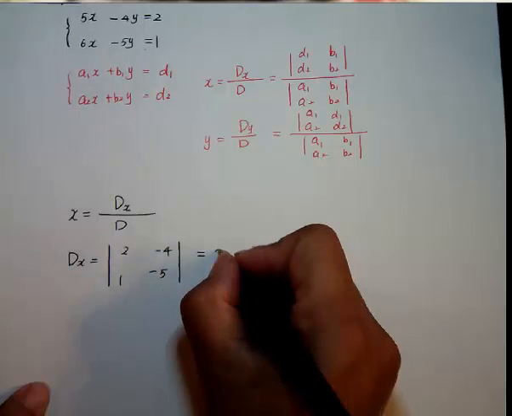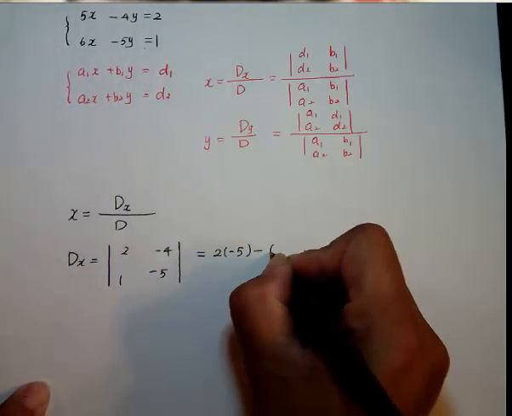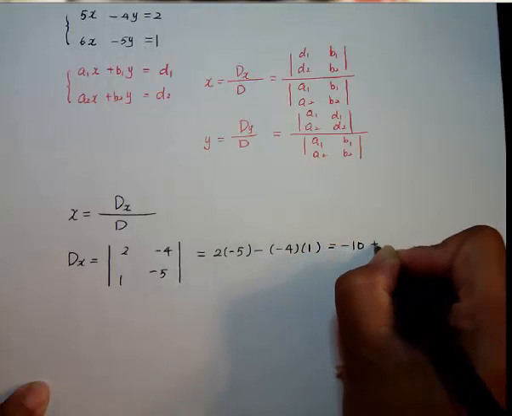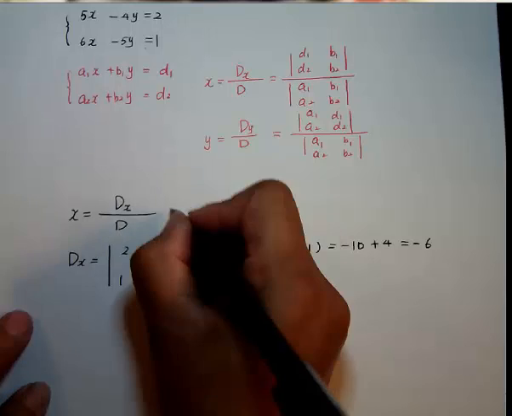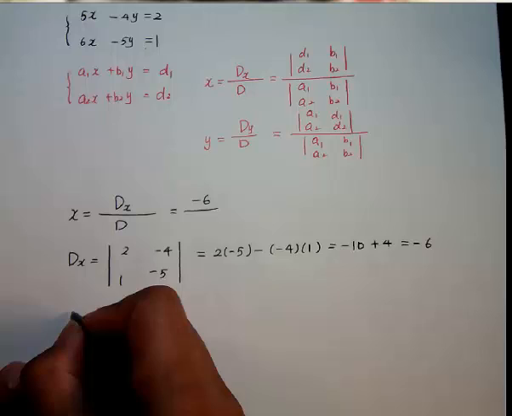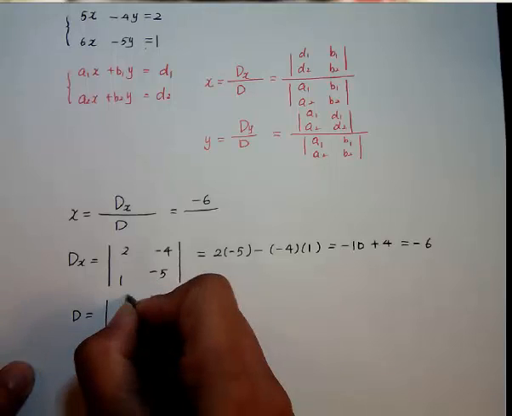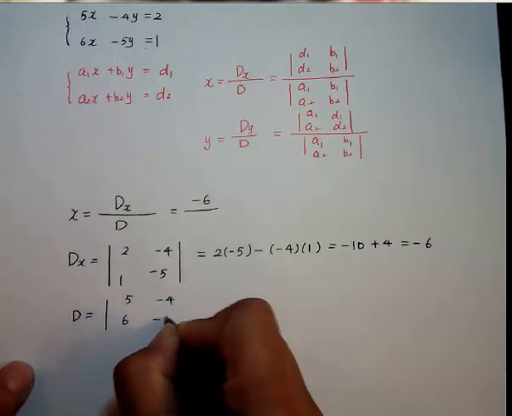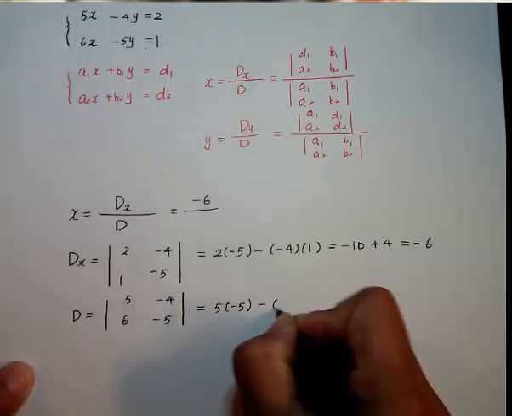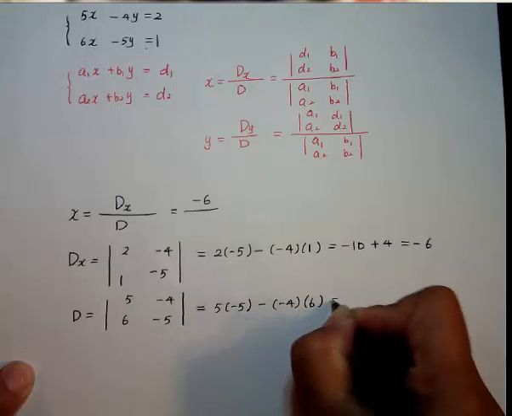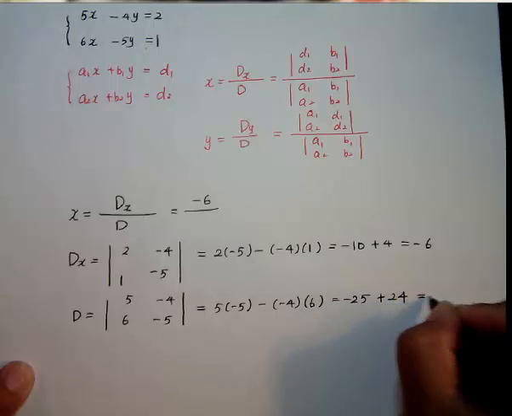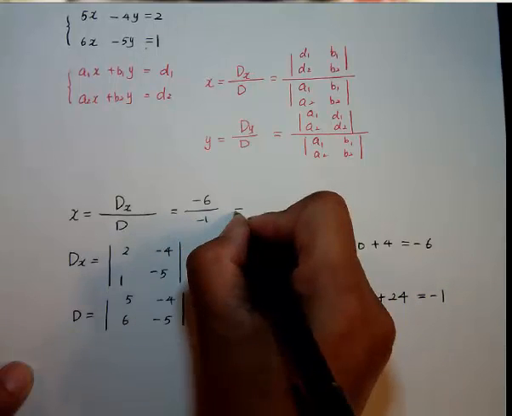So diagonal multiply, subtract diagonal multiply, so that will be -10 plus 4, -6. That's Dx. How about D? D is the coefficient 5, 6, -4, -5. So that is 5 times -5 minus -4 times 6, -25 plus 24 equals -1. So x is 6.